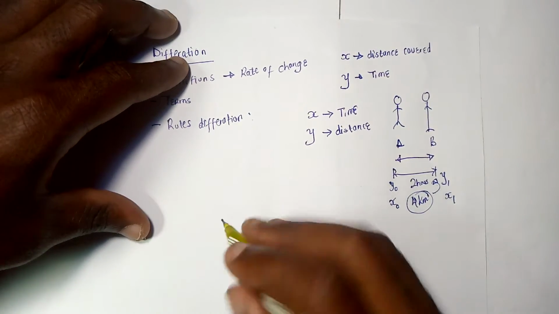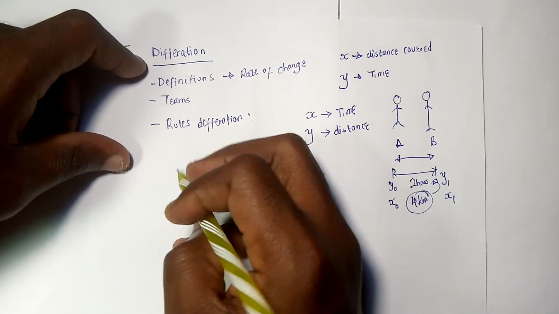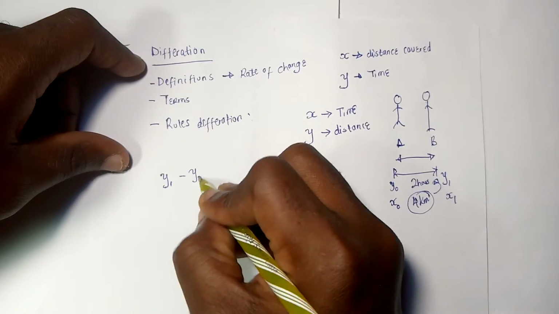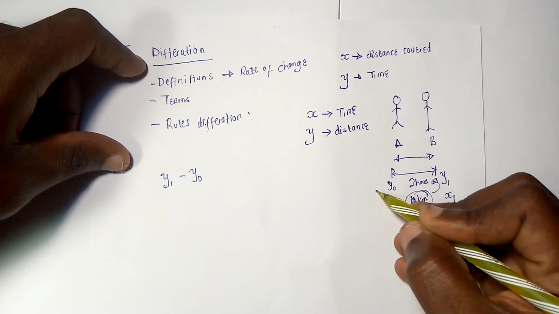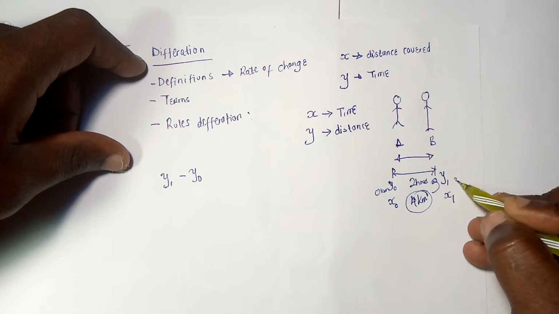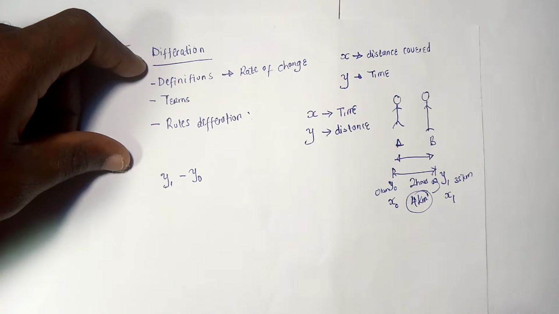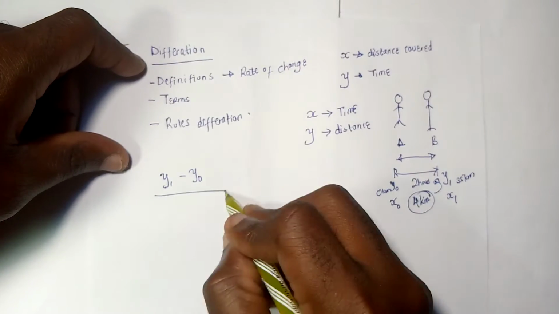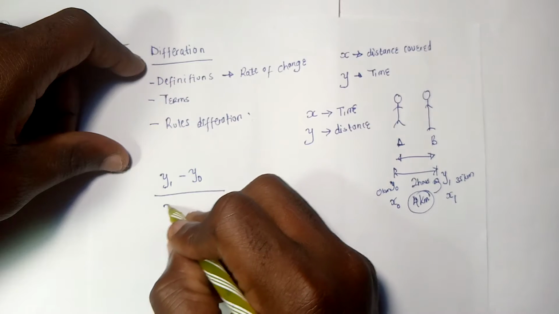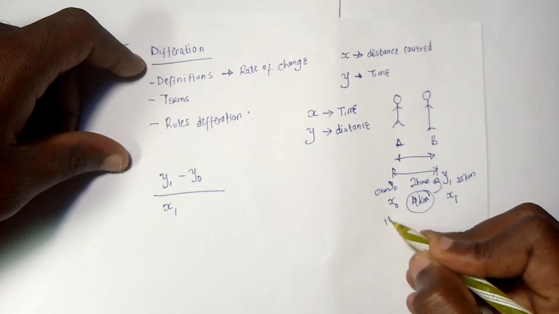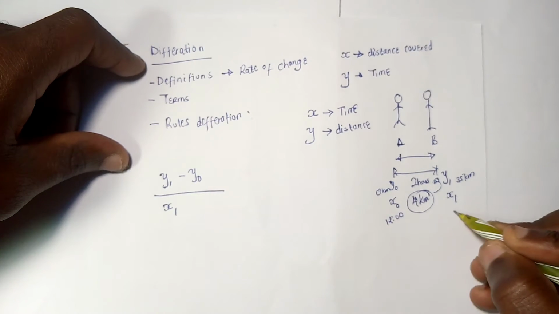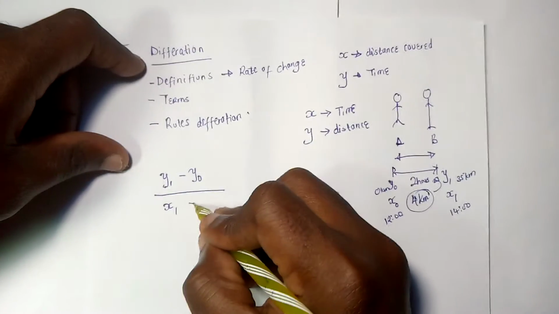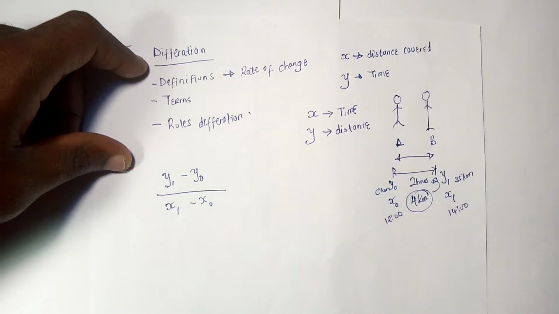We are going to get the final distance minus the initial distance. Let's say this is 0 kilometers and here is 35 kilometers. So final distance minus initial distance, over the final time minus the initial time. Let's say you left here at 12:00 and you arrived here at 14:00.